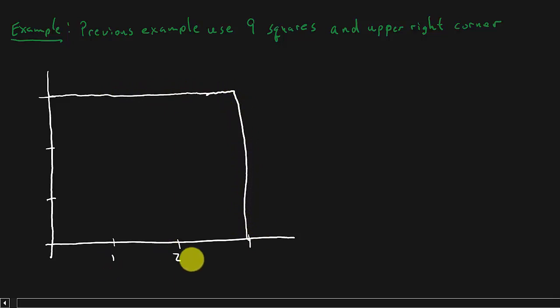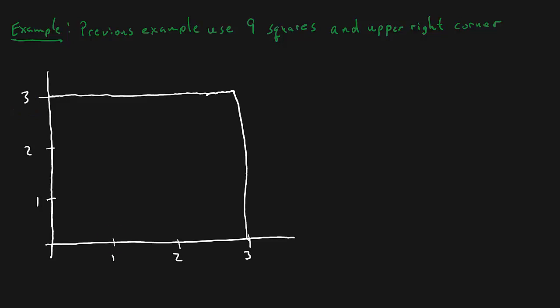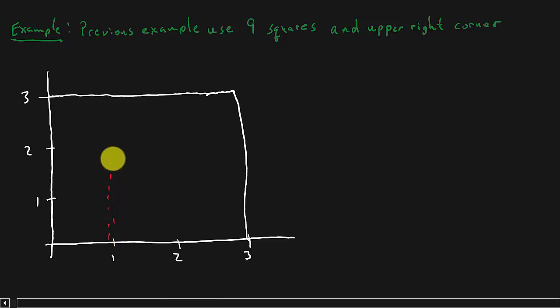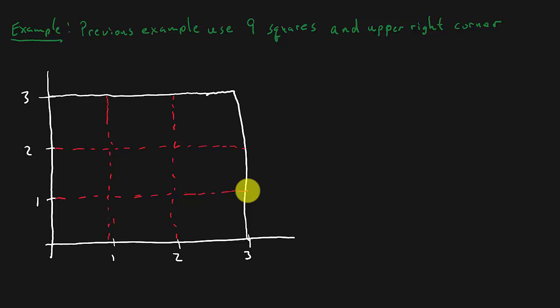All right, 1, 2, 3. 1, 2, 3. Let's divide this up into 9 equal squares. We'll actually have more here.